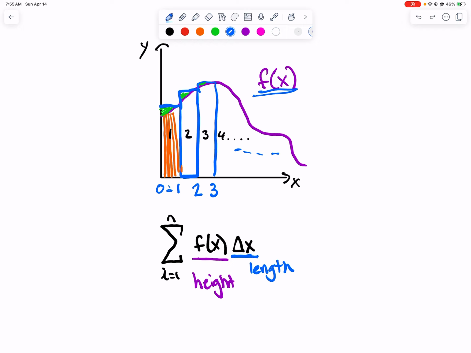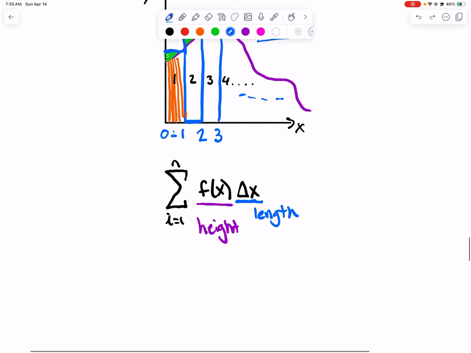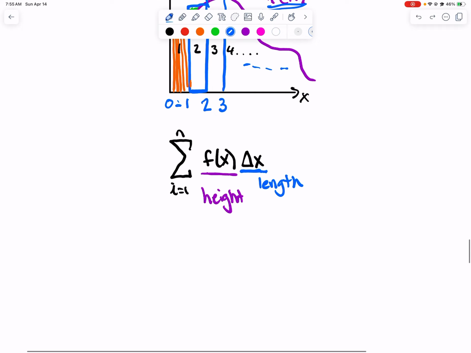Well, we are in calculus now, and we move past this, we've actually learned to do something that's very similar. The reason why the antiderivative sign looks like an S is because we're adding things all the time. My height is still f of x, right?